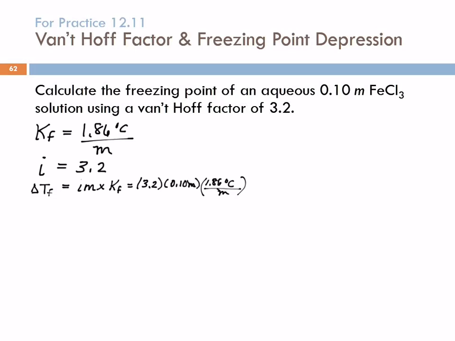Our units cancel out. 3.2 times 0.1 times 1.86. So the change in the freezing point is 0.595 degrees Celsius. And it's going to have 2 sig figs.